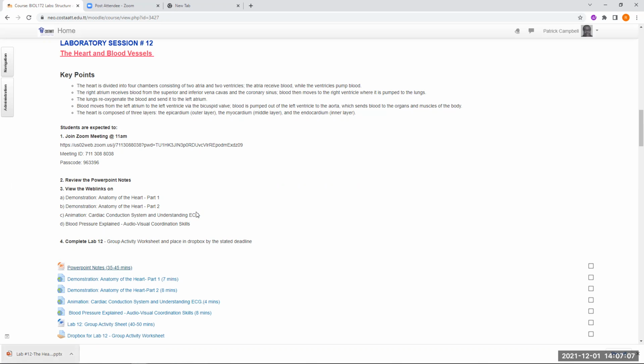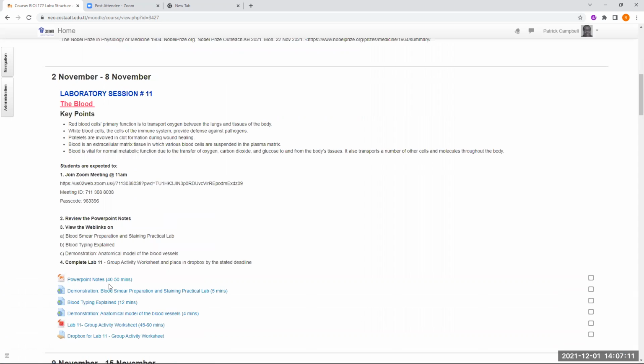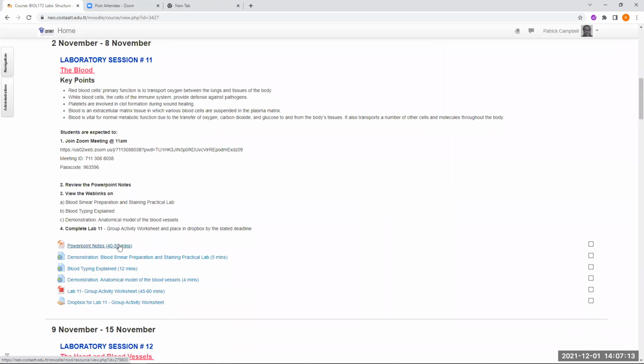Heart and blood vessels. So it comes up, it's the blood. Okay, so with the blood, what is important for the blood, and in fact, let me just see something in the chat there. Okay, good afternoon. Yes, Tonya, good afternoon.